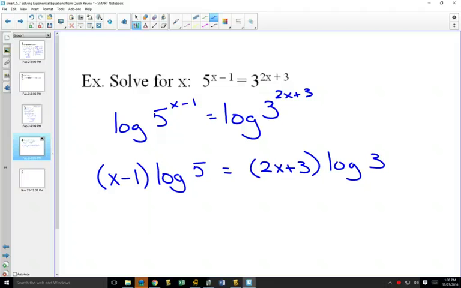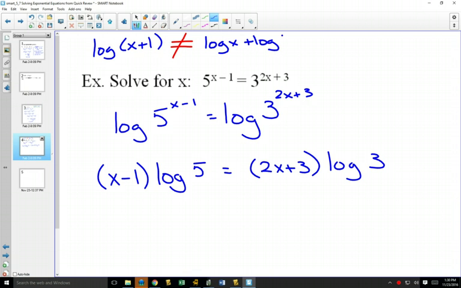And the reason I point that out is later on you're going to get questions that look like this. And you are going to be tempted, even though it's not true, to distribute. What am I distributing on the top here? I'm just distributing log. Is log a number by itself?